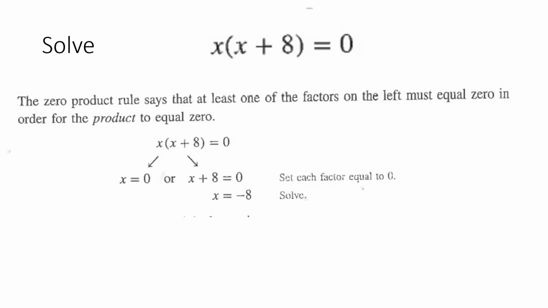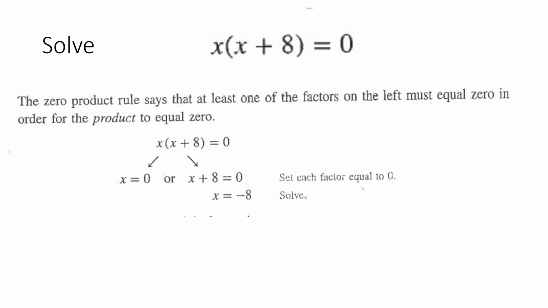So since we have x times (x plus 8) equals 0, either x equals 0 or x plus 8 equals 0. We're setting each factor equal to 0.